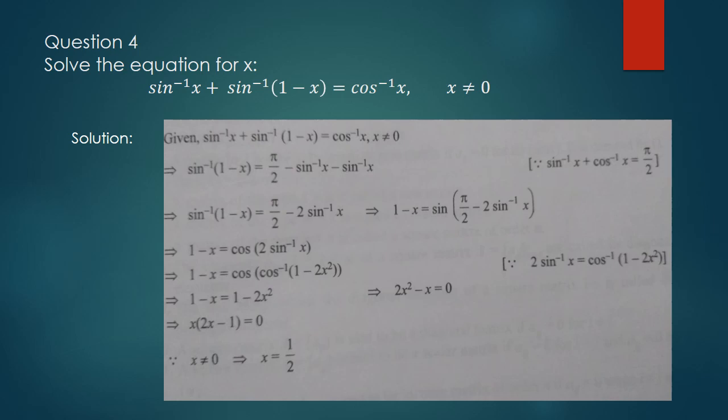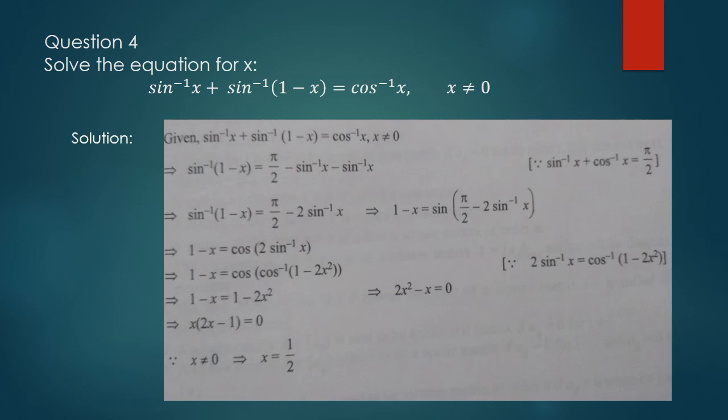So in the solution, first of all, in RHS, cos inverse x will be changed by the formula sin inverse x plus cos inverse x is equal to pi by 2. Cos inverse x will be written as pi by 2 minus sin inverse x.